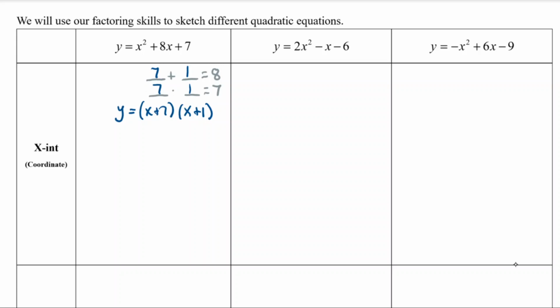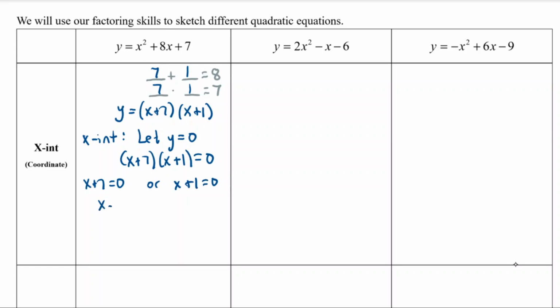To find the x-intercept, we must let y equal 0. So we can say x plus 7 times x plus 1 is equal to 0. As we learned previously, we can now write it as x plus 7 equals 0, or our other case where x plus 1 equals 0.